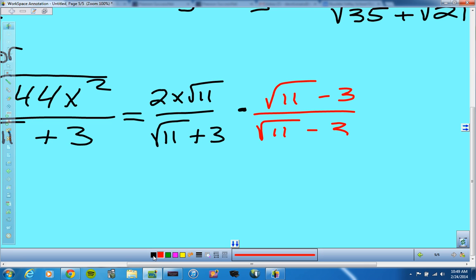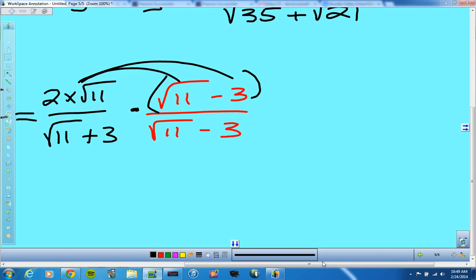So now we got to FOIL that thing. We're going to distribute up top and kind of FOIL the bottom. So 2x square root of 11 times square root of 11. Right? Multiplying these first two terms. Square root of 121. Square root of 121 is 11.